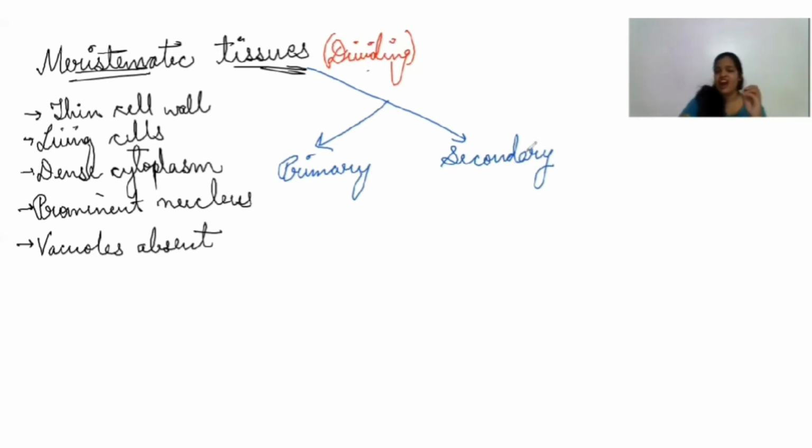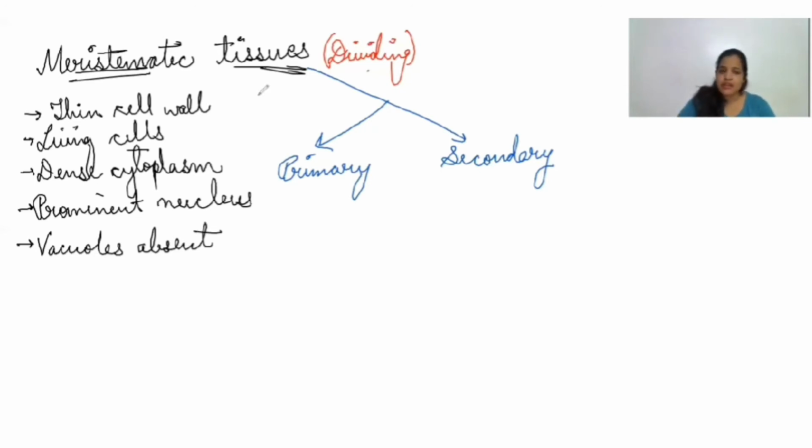Believe me, there is hardly any tough term in this complete chapter. What you need to remember is the arrangement of cells, arrangement of tissues, that's it, guys, and their properties, of course. Clear? So primary and secondary meristematic tissues are the two kinds of tissues we have got in the classification of meristematic tissues. Let's first talk about the primary meristematic tissues.